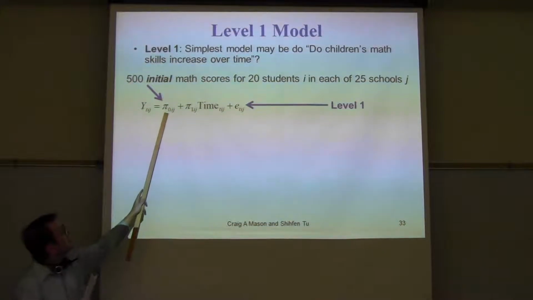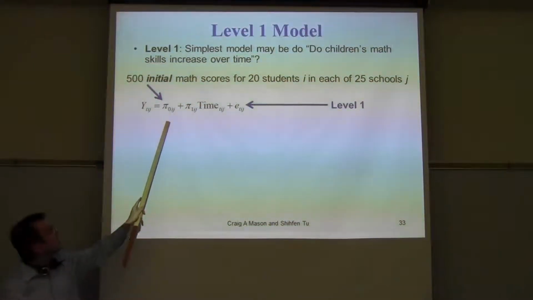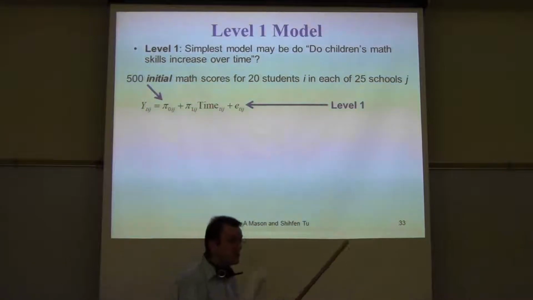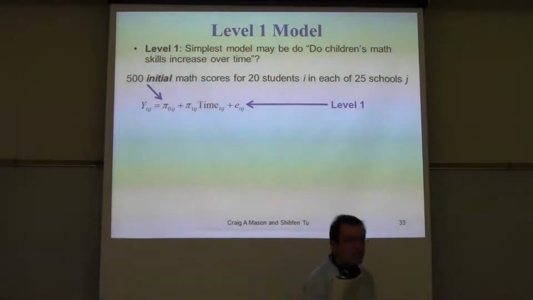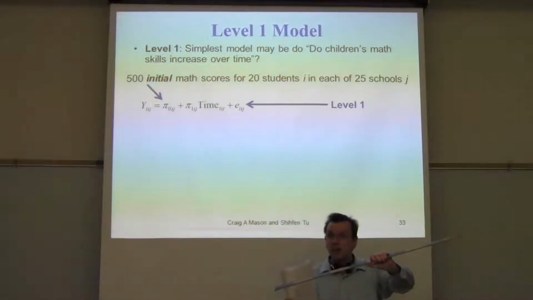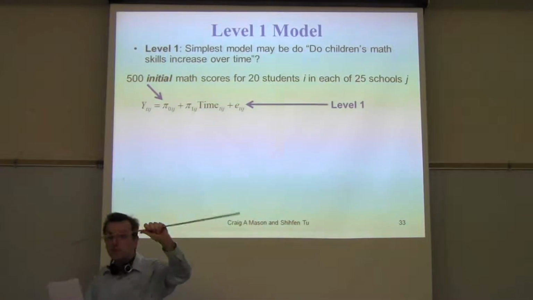And the intercept, instead of being beta 0, is now pi 0ij. That just means that beta 0 is the intercept, and pi 0ij just means the intercept for student i at school j. In other words, it's each student's individual intercept, just like we saw in the picture.